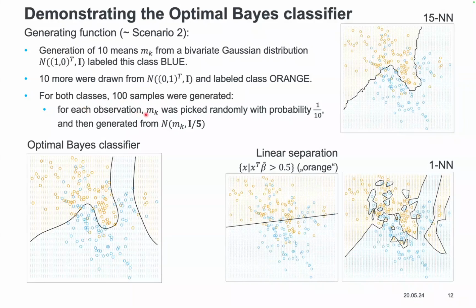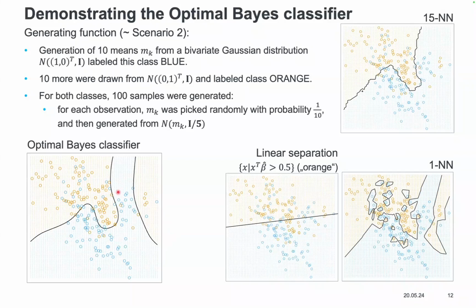First, let's say for a class yellow, for example, we pick one of the 10 mean values, and then we generate, with a smaller variation, instances around this particular picked mean. So, for example, you see here the picture.